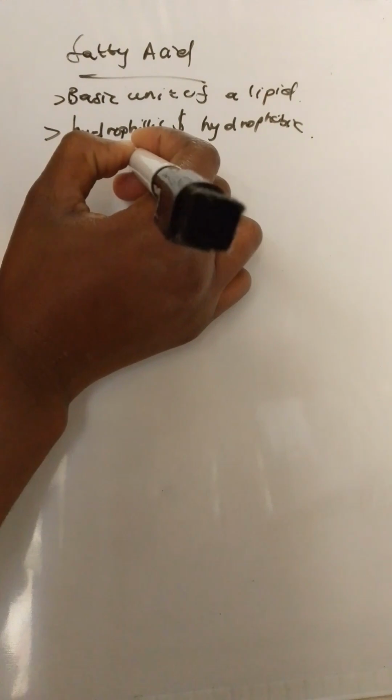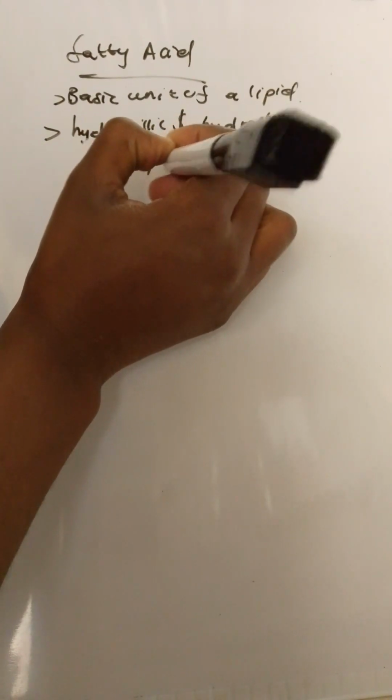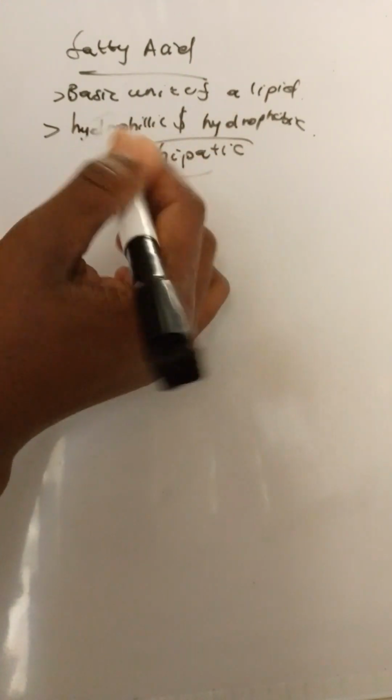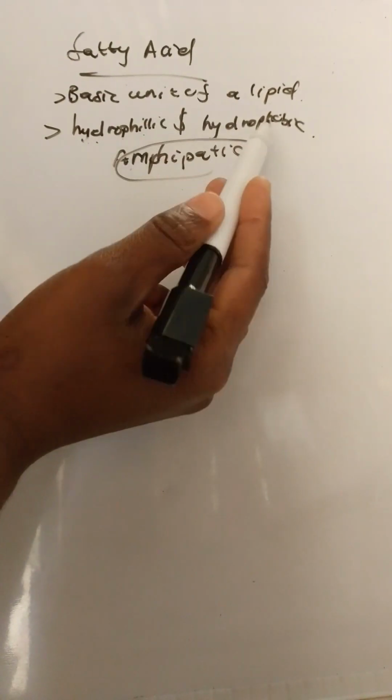We can say that the fatty acid is known to be amphipathic, because it consists of both the hydrophilic and the hydrophobic parts.